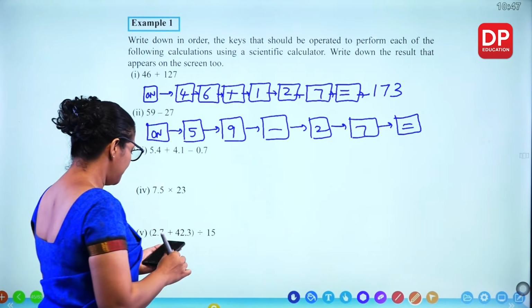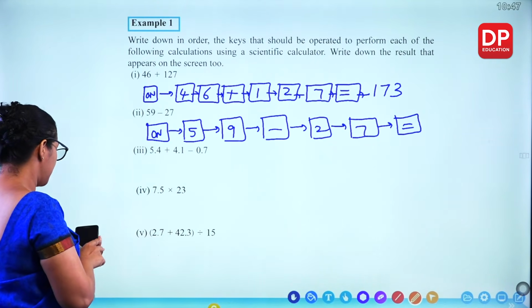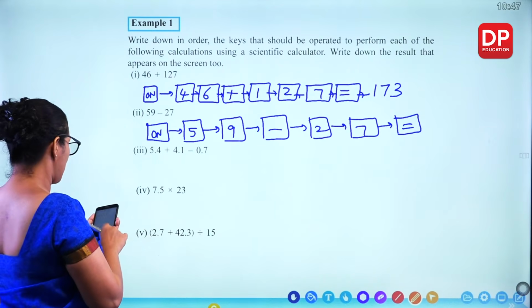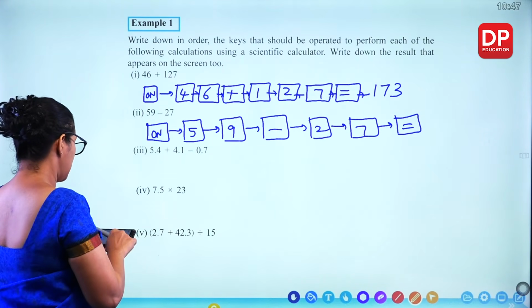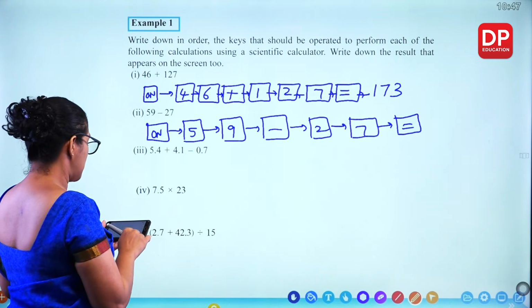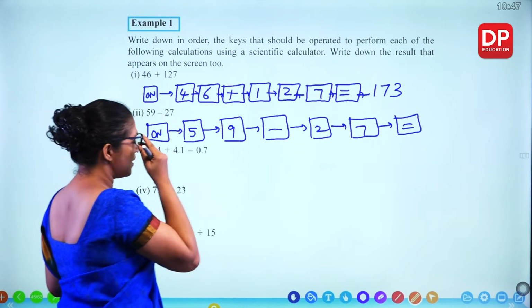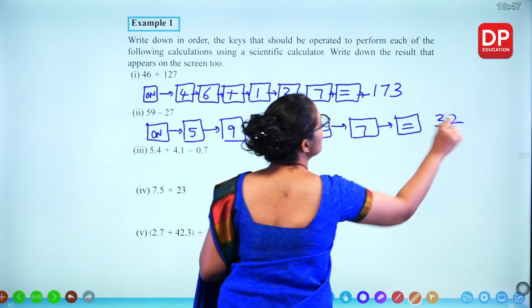What's the answer? 59 minus 27, the calculator gives 32.